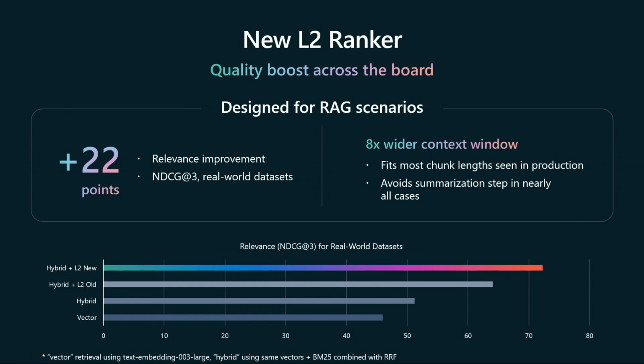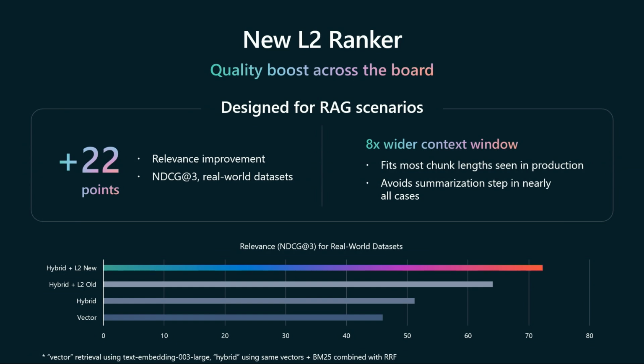We are up 22 points from our baseline in NDCG, which is a common metric that is used in information retrieval. This is a significant improvement, both from our last year's model and also from what is the baseline for relevance. These days, we no longer compare vectors alone or keywords alone. That baseline is just not acceptable.